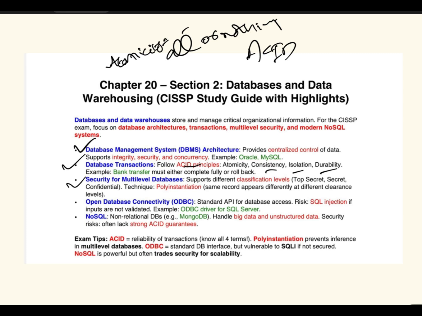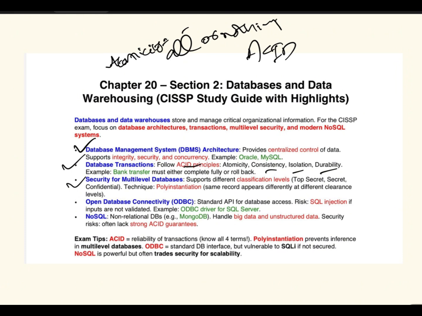Security for multi-level databases. Definition: databases that store data at different classification levels, such as top secret, secret, and confidential. The challenge is to prevent data leakage or inference between users of different clearance levels.